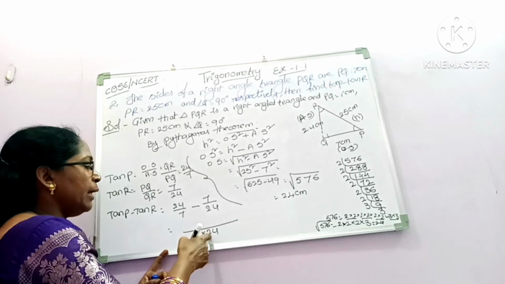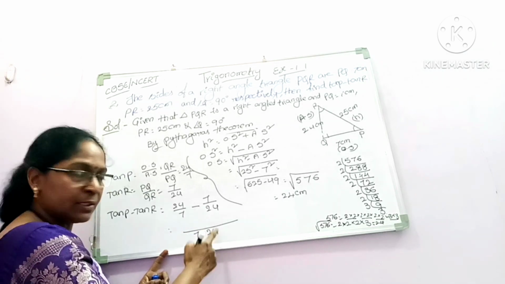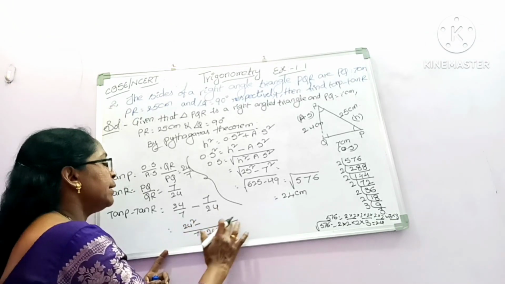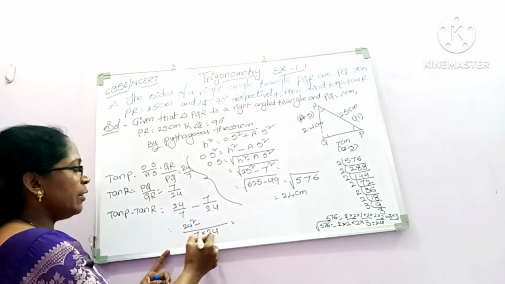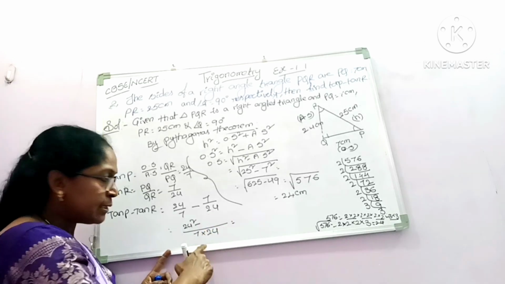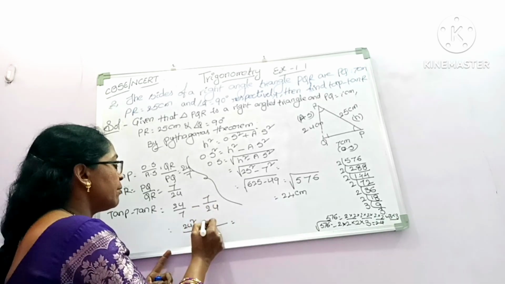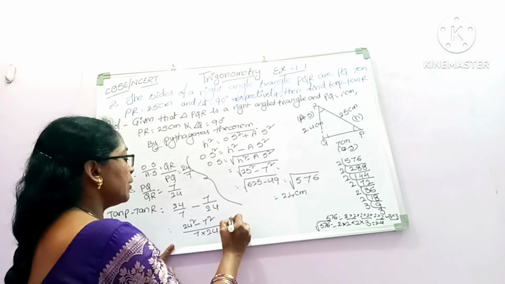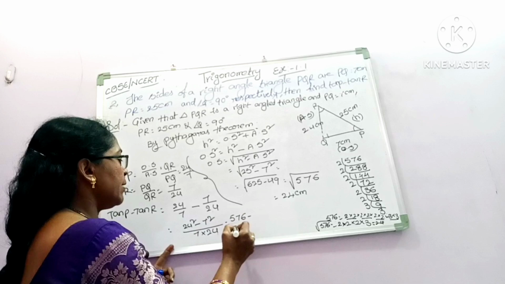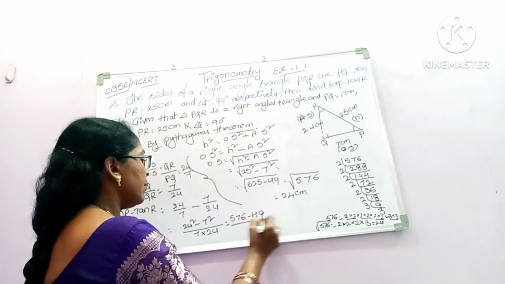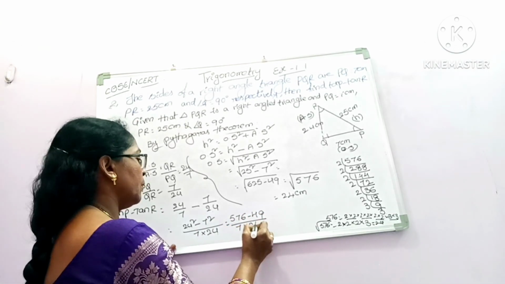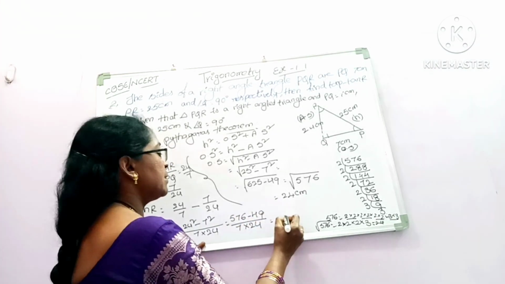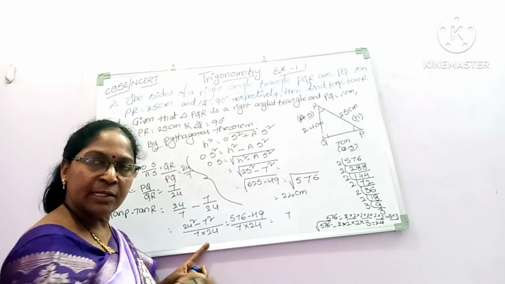This 7 is divisible into this LCM 24 times. So 24 into 24, 24 square, minus, here this 24 is divisible into this LCM 7 times. So 7 into 7, 7 square. So 24 square equals 576 minus 7 square equals 49, divided by 7 into 24. Then you have to subtract once again. 16 minus 9, 6 minus 9 is not possible.